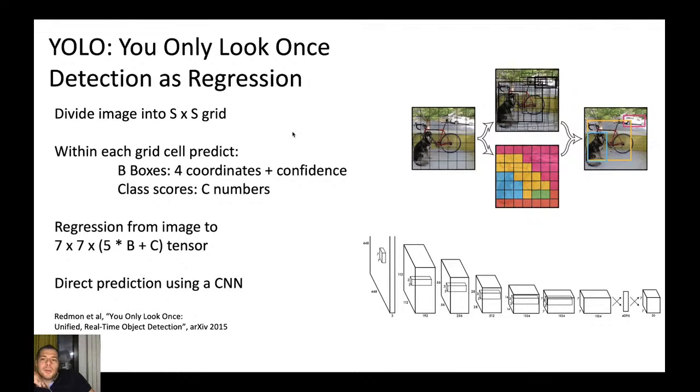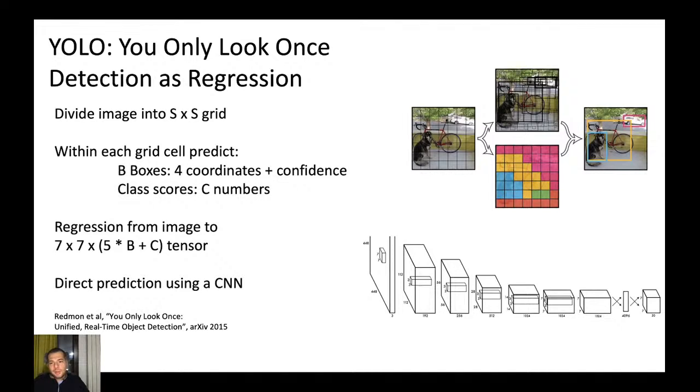Okay, so now we also have a few slides about this object detector YOLO. This was introduced at CVPR 2016, and I was actually there at the conference when it was presented, and the people were really impressed by how fast this object detector worked.